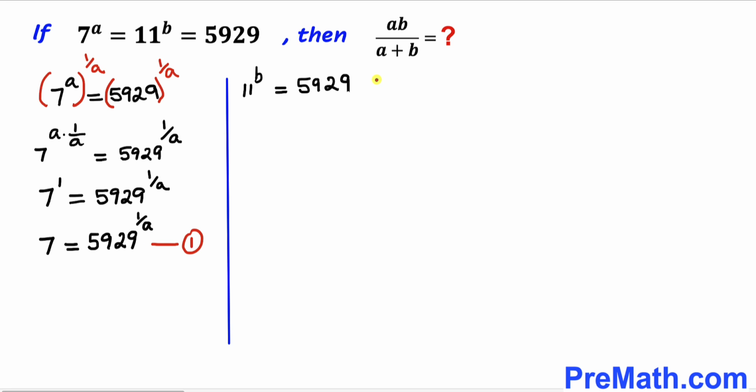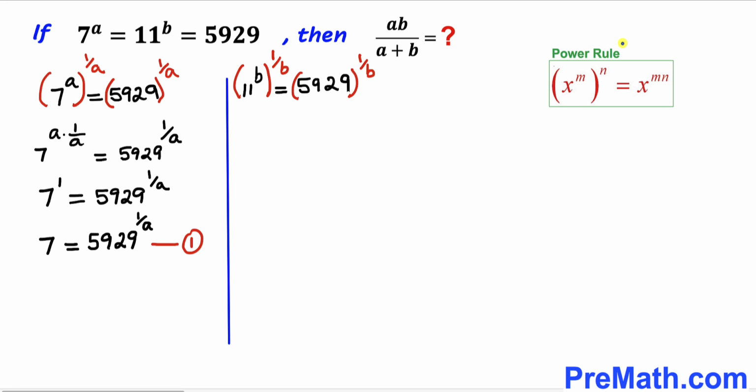And now let's focus on this next equation. 11 power b equals 5929. We are going to repeat the very same process all over again. I'm going to take a power of 1 divided by b, and on the right hand side 1 divided by b as well.